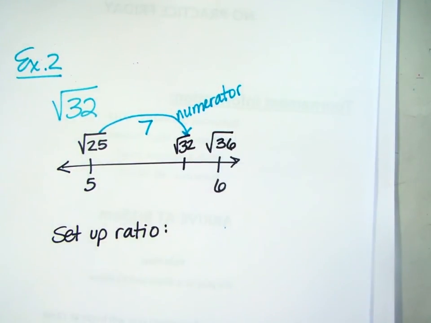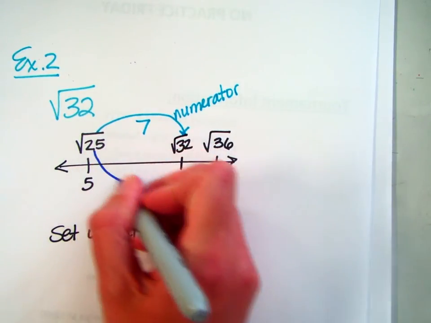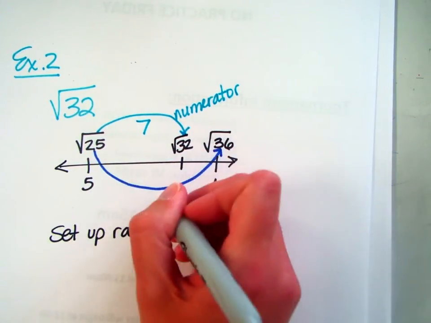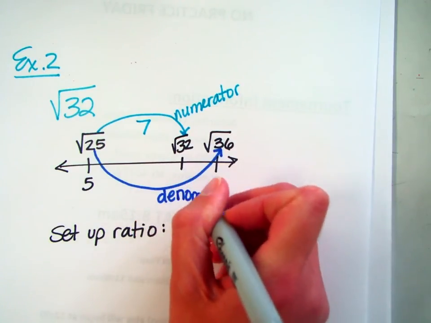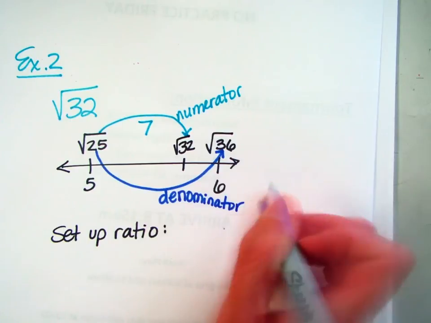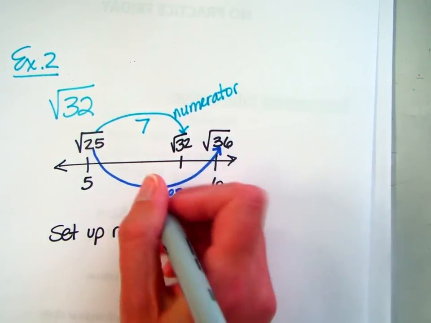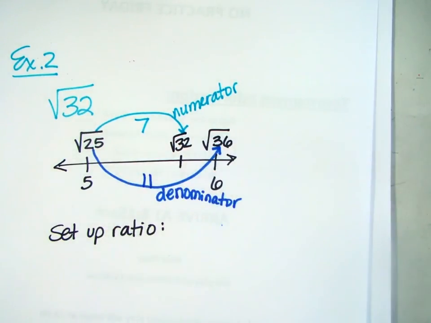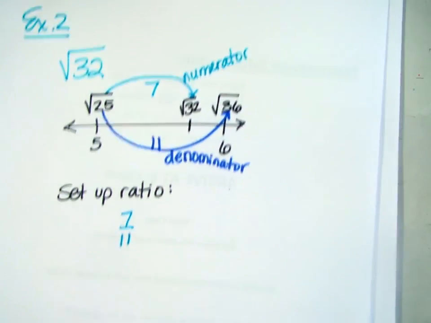And then from 25 to 36, that's your denominator. So to go from 25 to 36, that's 11. So we're going to use that 7/11 to come up with our estimate to the 10th place here.